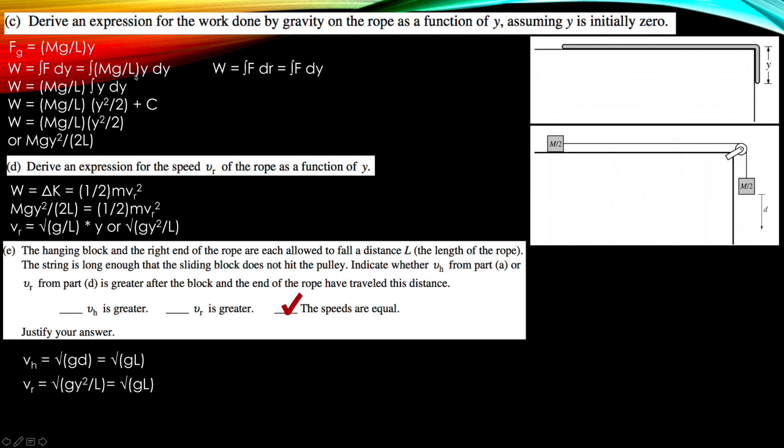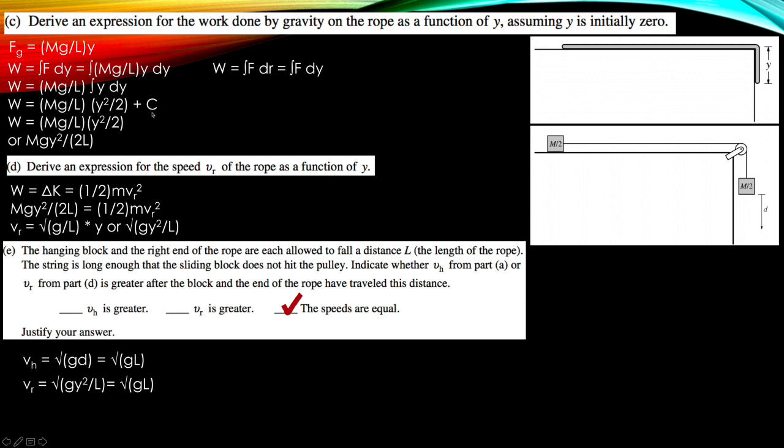This is just a basic integral. Mg and L are all going to be constants, so we can just take that out of the integral. We've got y dy. If we take the integral of this, the exponent here is 1, so we add another 1 to this exponent: y squared over 2. You just solve this integral. It says plus c, but we can assume that y is initially 0, which means there's not going to be any plus c here.